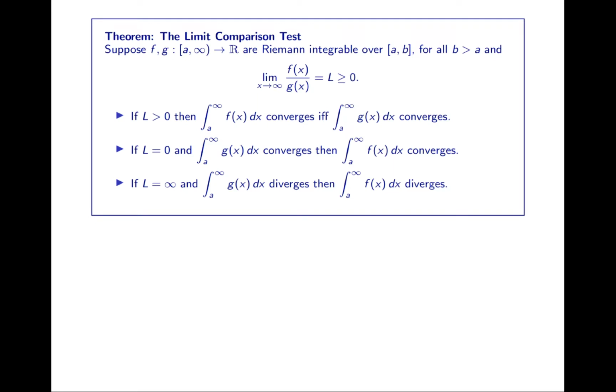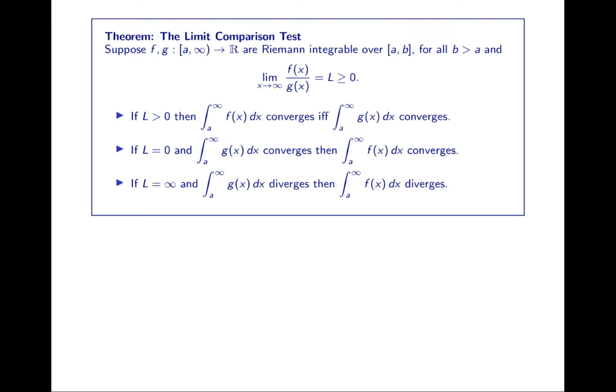Another useful tool is the limit comparison test. If f and g are both Riemann integrable over any interval a to b for every b past a, and if the limit of the ratio of f to g is equal to L, which is non-negative, then if L is positive, the integral of f from a to infinity converges if and only if the integral of g from a to infinity converges.